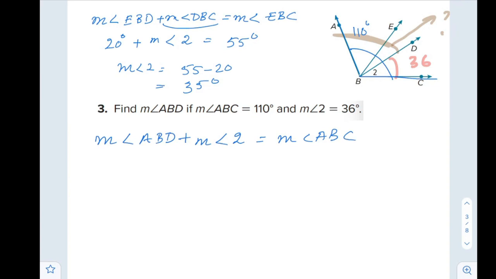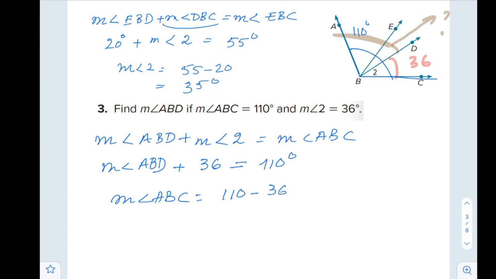The measure of angle ABD is the required one. The measure of angle 2 is given, substitution. The measure of angle ABC is given. So for the measure of angle ABD, by subtraction, we will subtract, and it will give us 74 degrees.